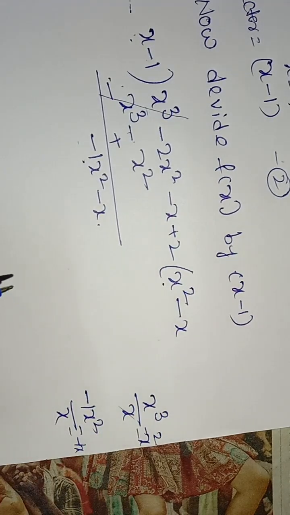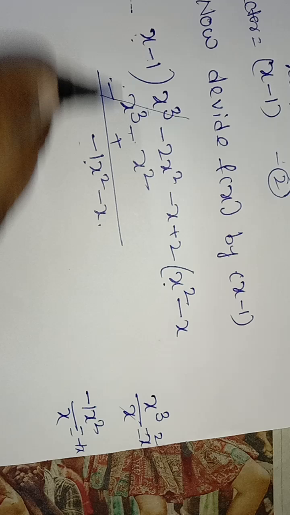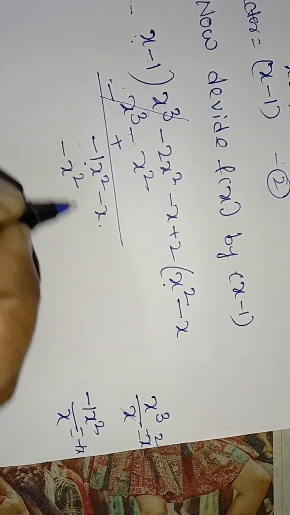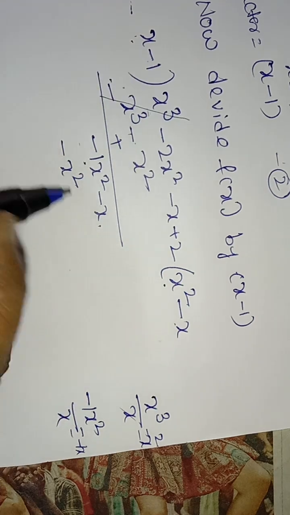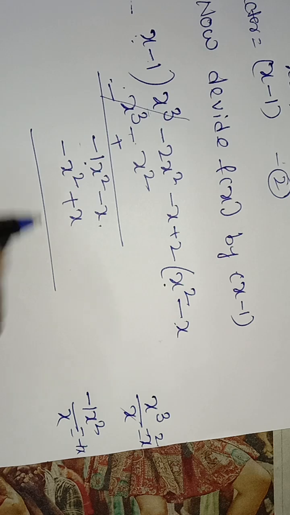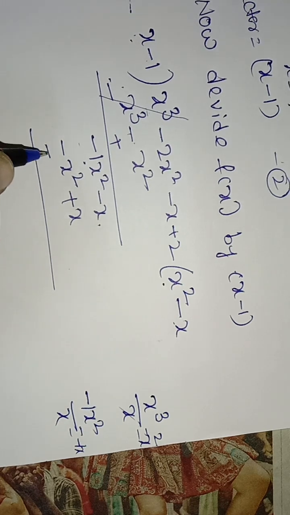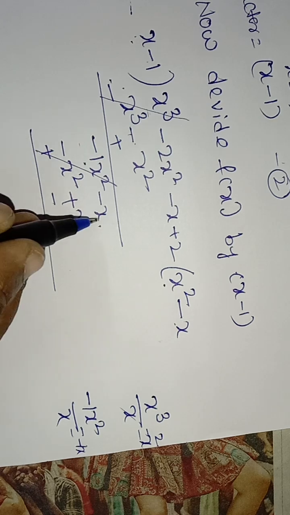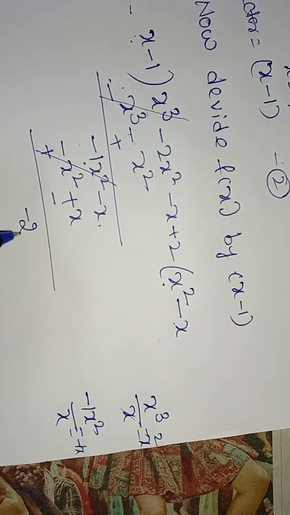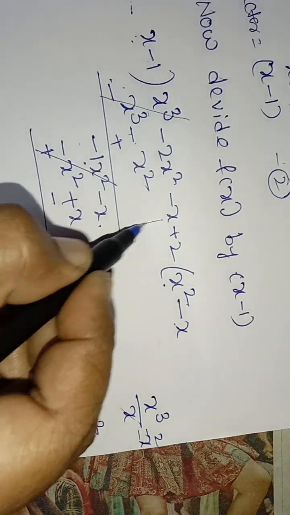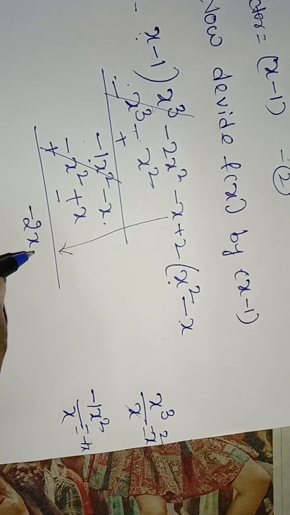So minus x into x is minus x square, and minus x into minus 1 is plus x. Now change your sign: minus becomes plus, plus becomes minus. These two will get cancelled. Minus x minus 2x, so bring your term down. Like this only we do normal division.